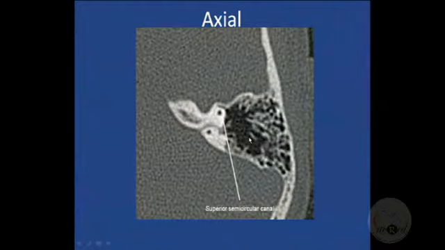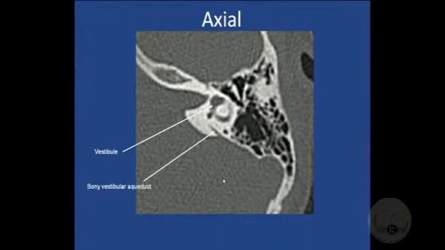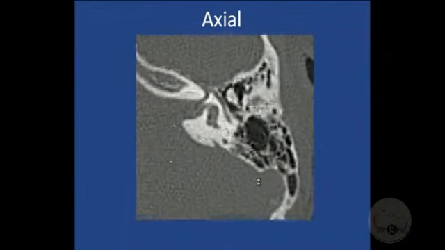Right? And okay, so what is this one here? Right, yeah. And this is the vestibule, and that's the lateral semicircular canal. Right? And what is this septum here? Sorry? Crista septum, yeah. This is just to quickly go through the anatomy.